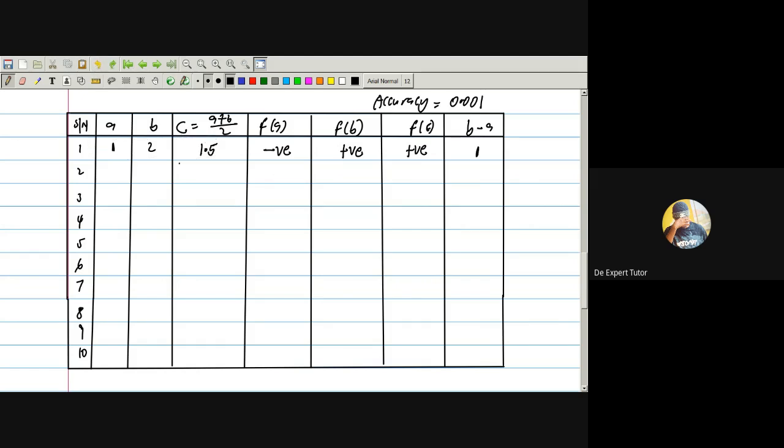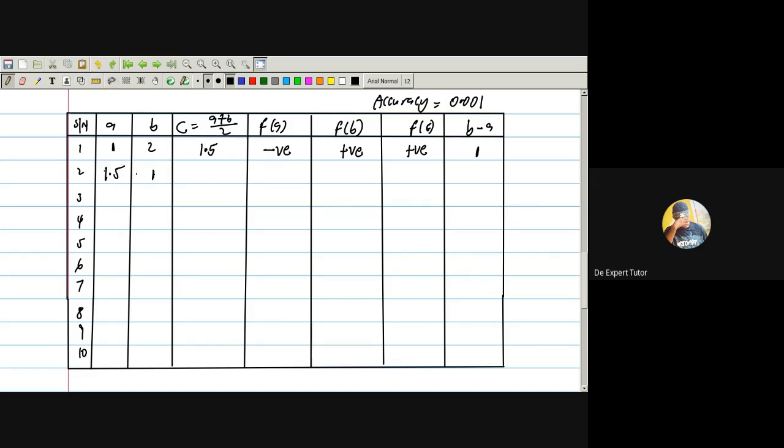My F of C gave me positive, so I'm picking my C. Inside A and B, which one gives opposite sign to the positive? A. So the root lies between 1.5 and 1. That will be my new A and B.